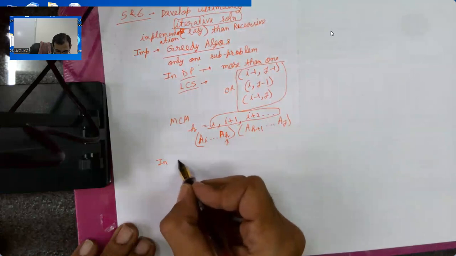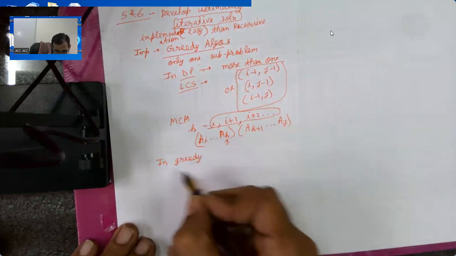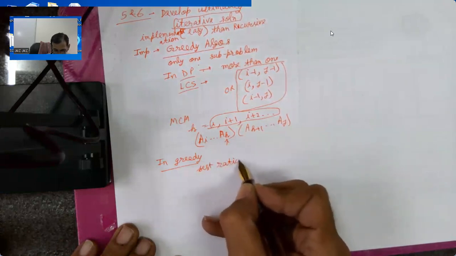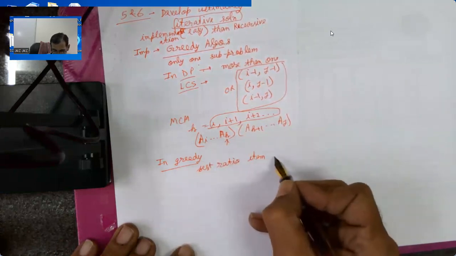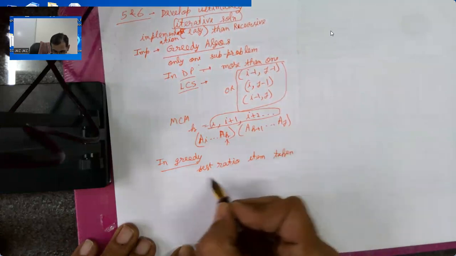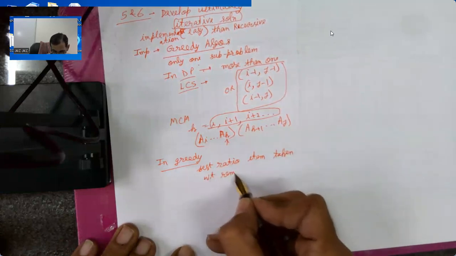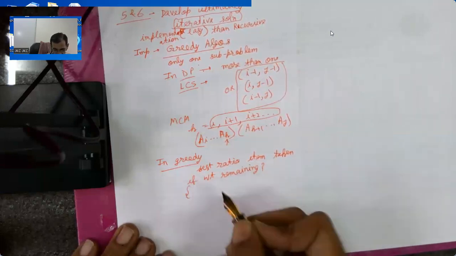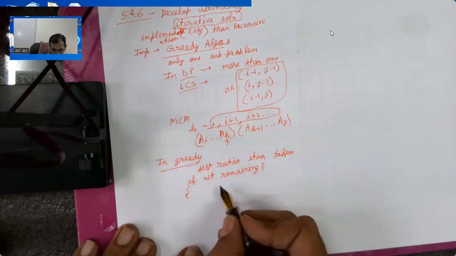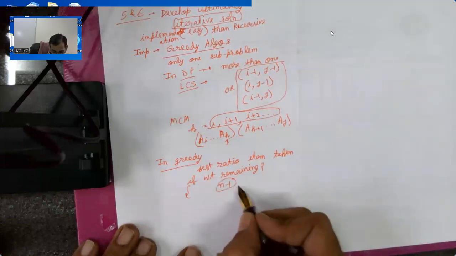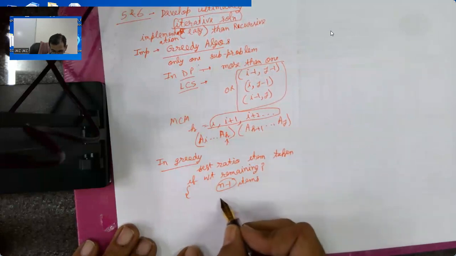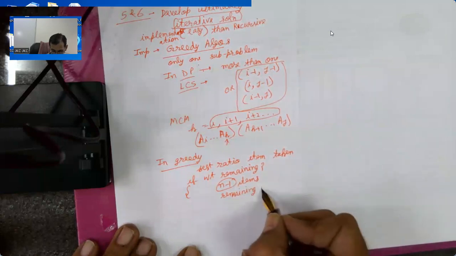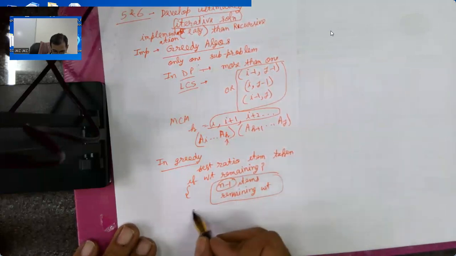In greedy, only one subproblem. Why? Like I said, the best ratio item is taken in full, and if weight is still remaining, effectively again I have n minus 1 items and the remaining weight, and this is only one subproblem.